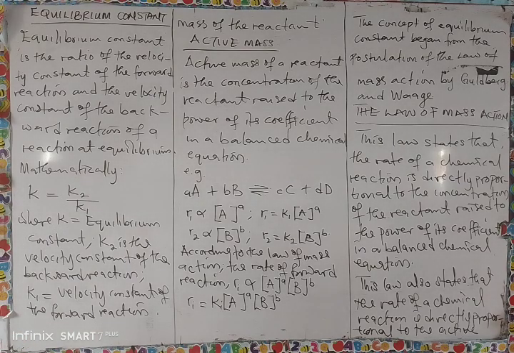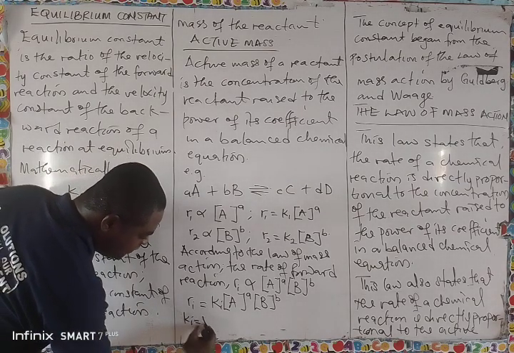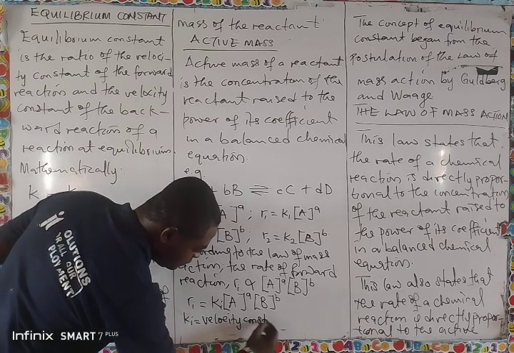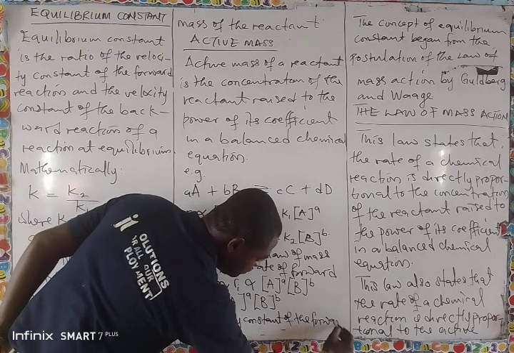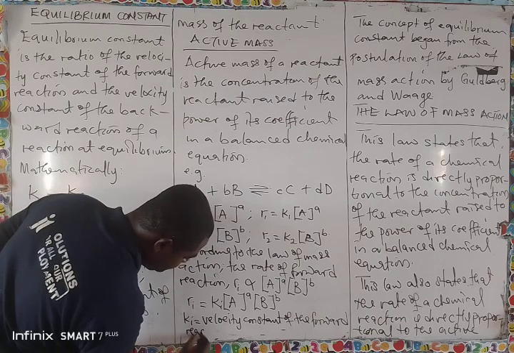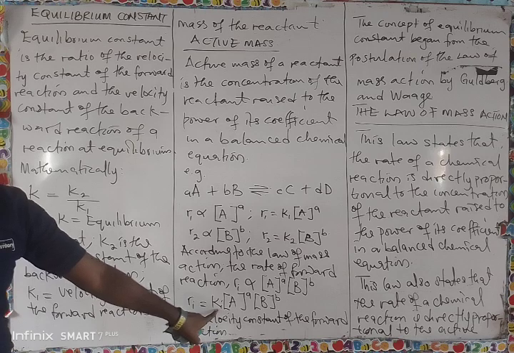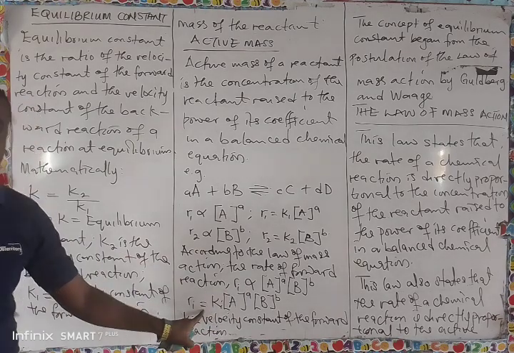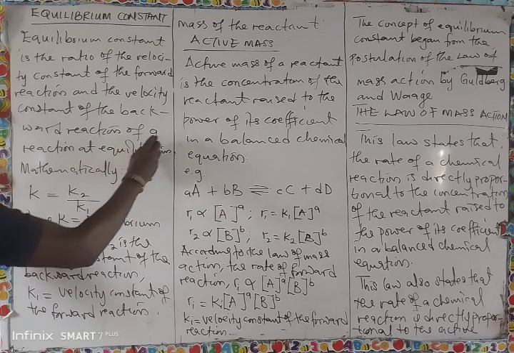Then what is K1? K1 is the velocity constant of the forward reaction. It changes this proportionality sign to an equality sign. Velocity constant of the forward reaction. Now, let me clean here.